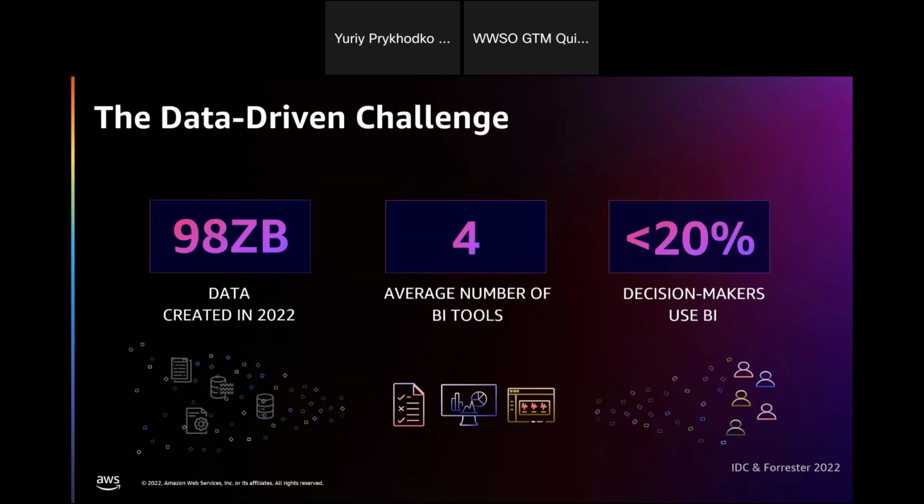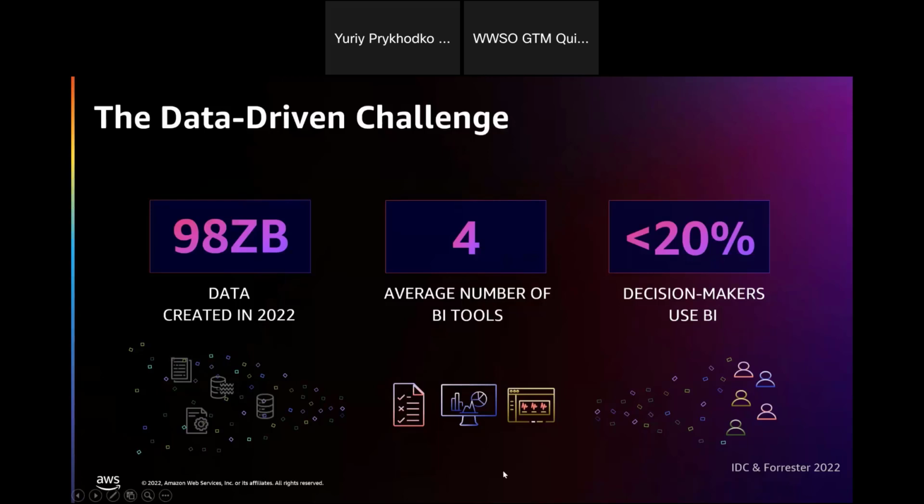And if we think more specifically about BI tools, according to Forrester, the average number of BI tools used by companies is 4, which means that there will be companies using even more than 4 BI tools. However, it's weird, but that's the result of the report: less than 20% of the decision makers are using BI tools to make their decisions, which is really shocking because of these nearly 100 zettabytes of data.